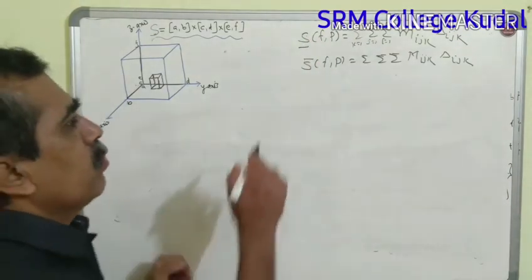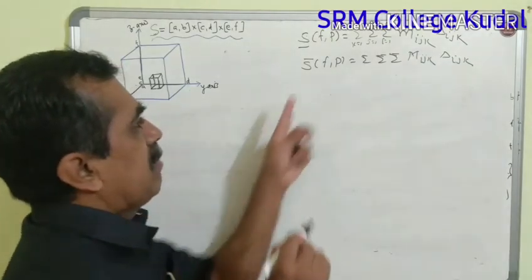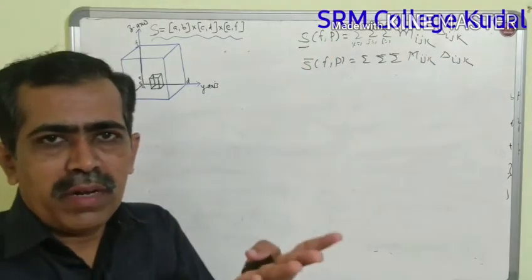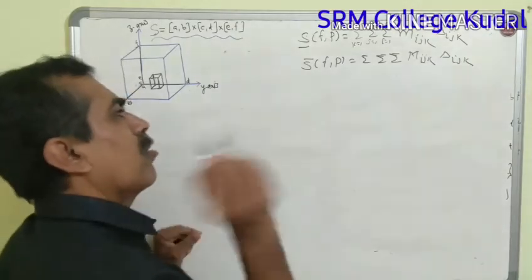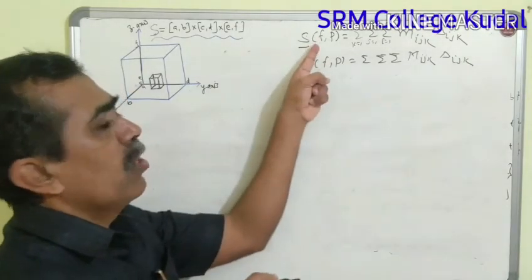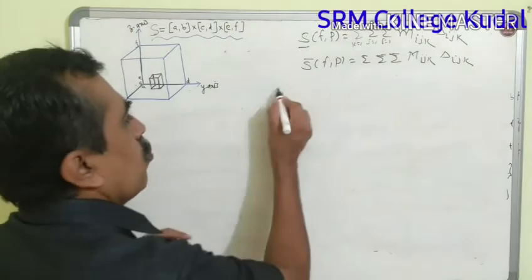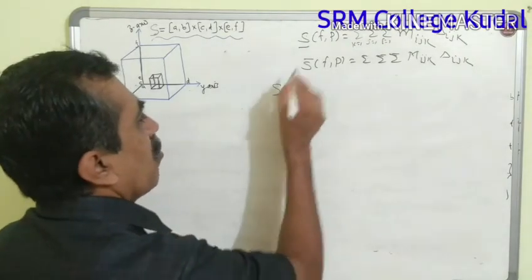Now, as a cuboid may have infinitely many partitions, corresponding to each partition you may have one lower sum and one upper sum. So we will collect all lower sums.